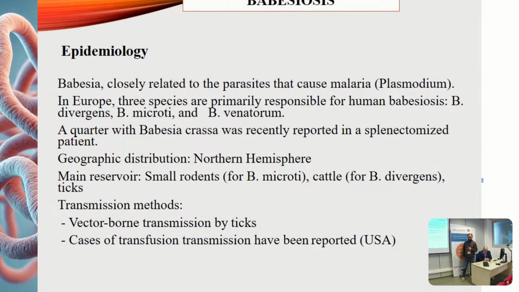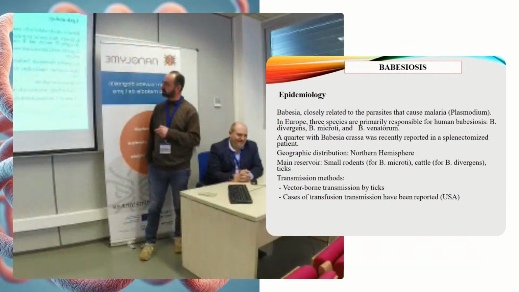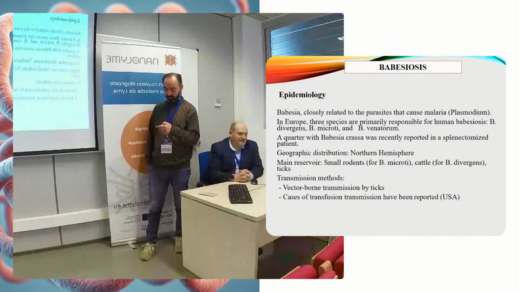Babesiosis in the USA is very frequent, but in Europe we say it is less frequent. However, cases have been regularly described in Europe, in France, in Italy, and others such as the Netherlands.